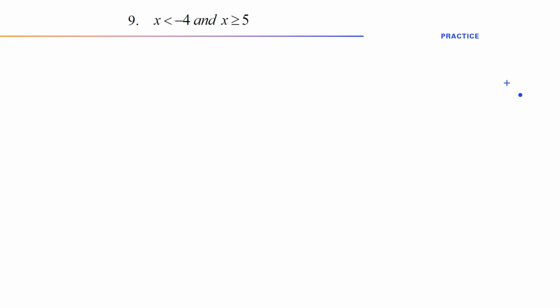Alright, number 9, we have "and" again. So intersection. Remember, we represent it on the line so it's easier to see. The first one I use yellow. So x less than negative 4. Here is negative 4, and that does not include, so it's open.